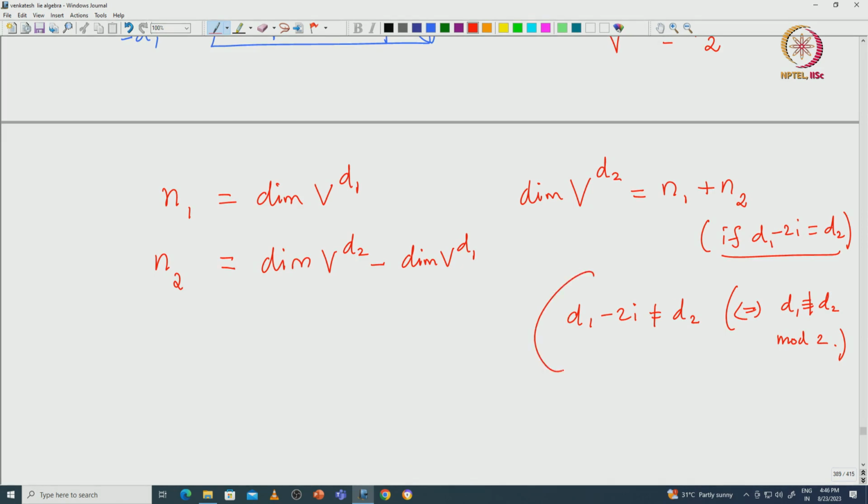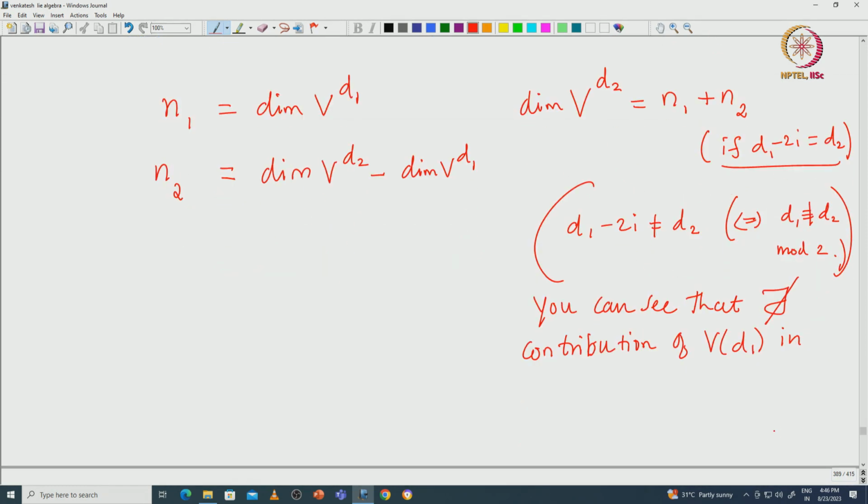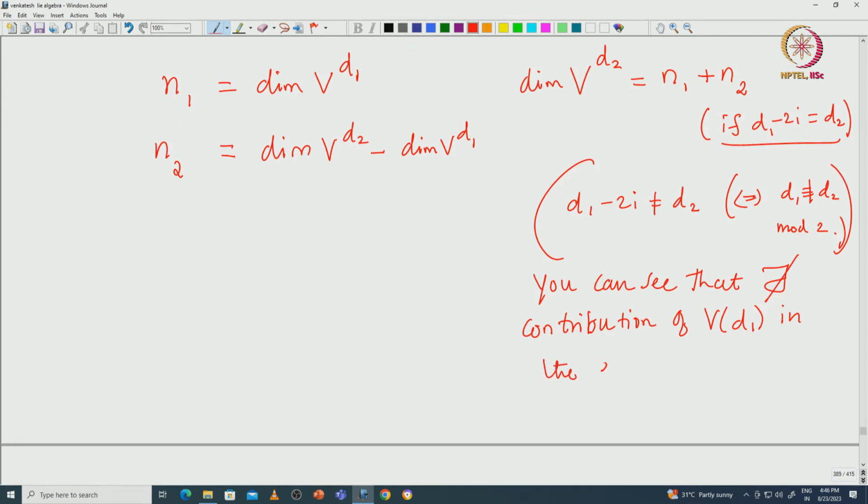So, in this case you can see that there is no contribution of V_D1 in the eigenspace V_D2.